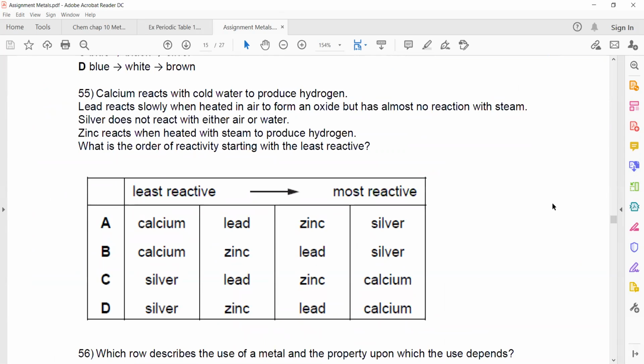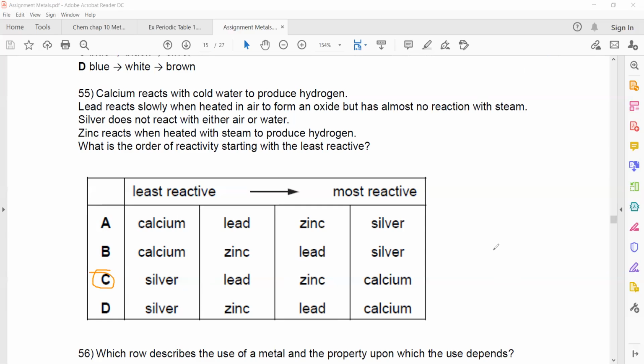Question 55. So least reactive is silver, followed by lead, zinc, and then calcium.